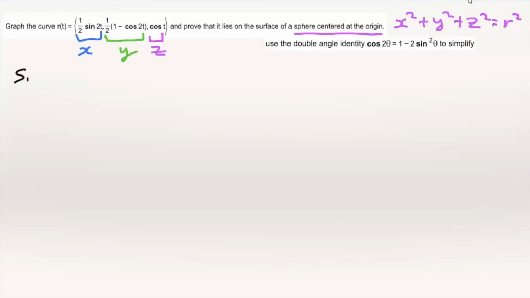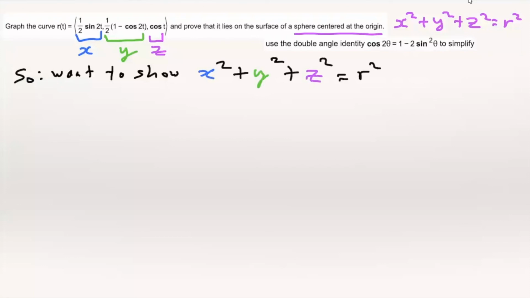So that means that we want to show that x squared plus y squared plus z squared equals r squared, or r some constant.